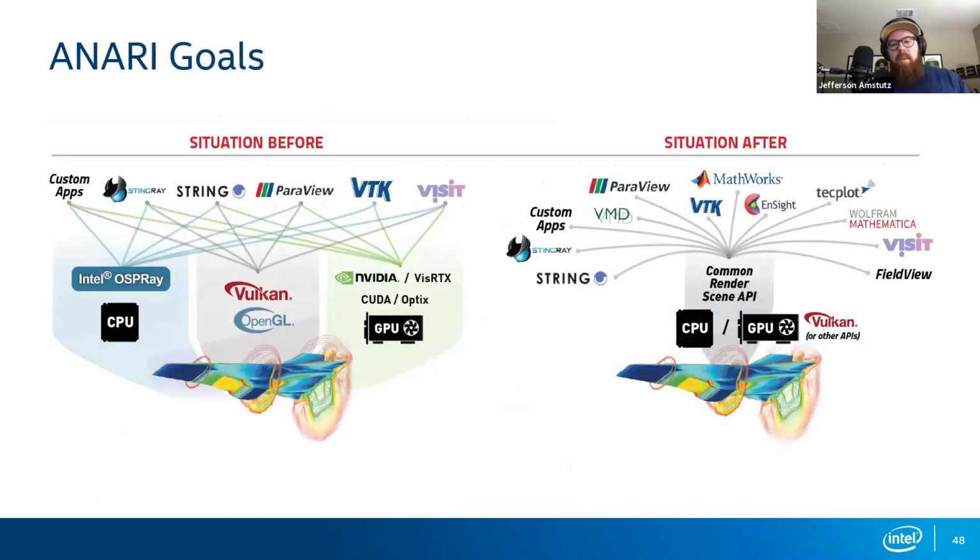So this emerged from scientific visualization, where there were a number of software packages like VTK and ParaView. Every time there was a desire to use a new ray tracing renderer that was shipped from a vendor, such as Osprey, or there's VizRTX from NVIDIA, there's a number of great renderers out in the wild.